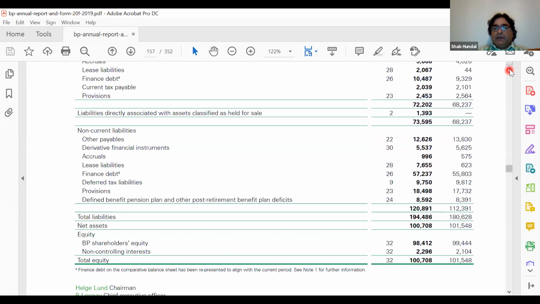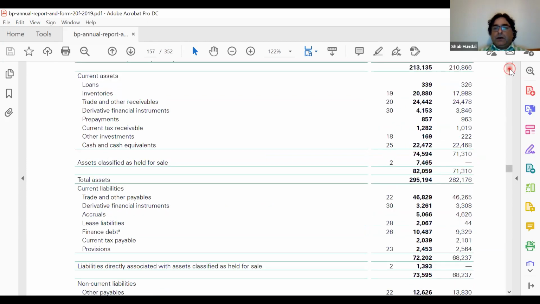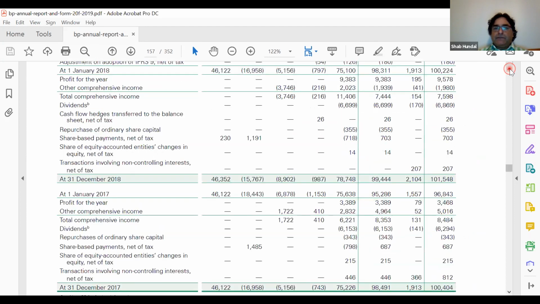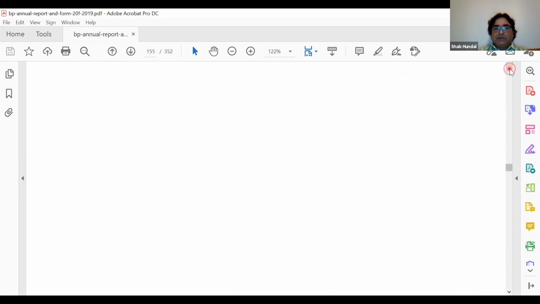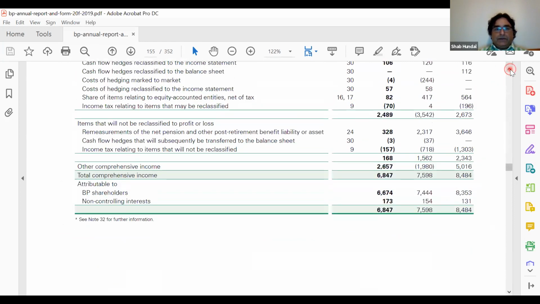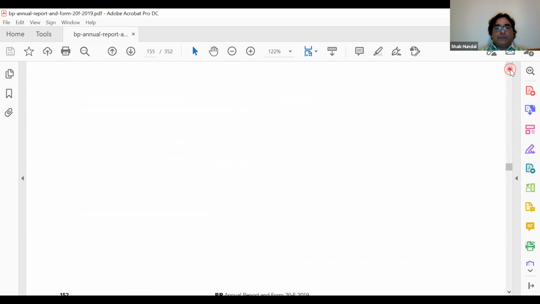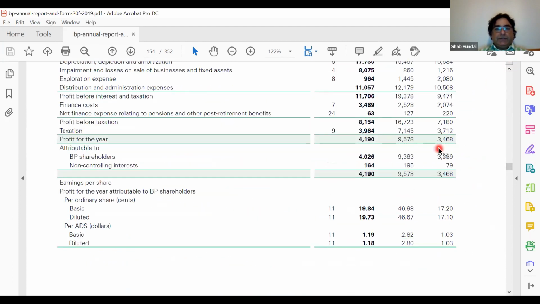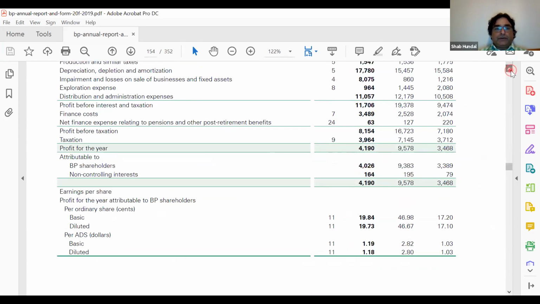So basically, I had the net income figure was something like 11,000 for BP. Where is that? Yeah, it's in the income statement. Something around, no, the operating profit.